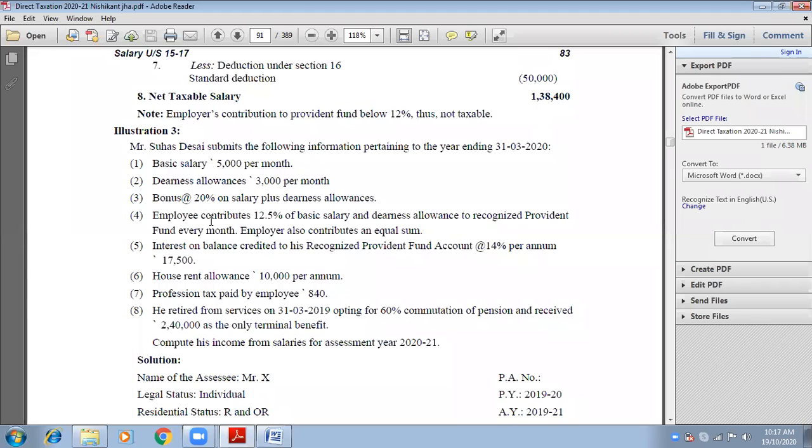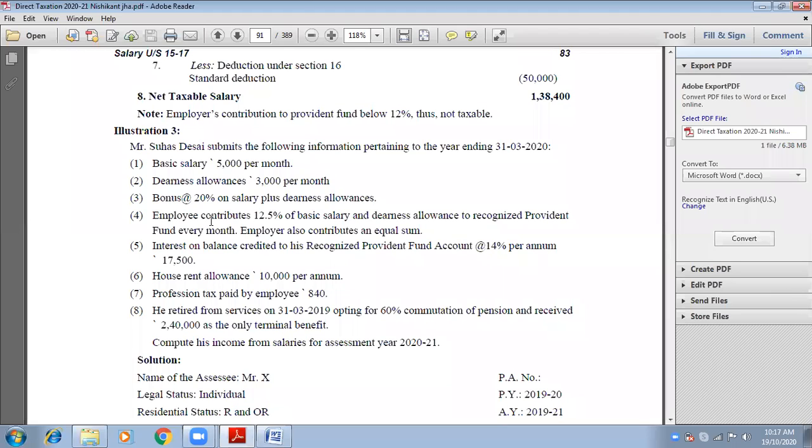It is deducted from your own salary and transferred to another account known as recognized provident fund. It's not an income. What will be the income? First, if you get some interest out of it, that will be income. And if your employer is also contributing, only then it will become income.